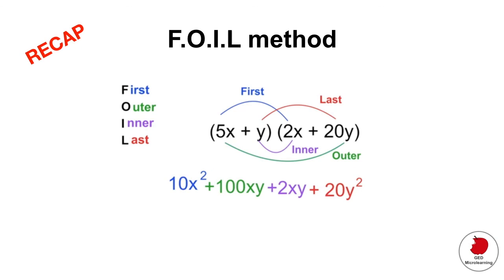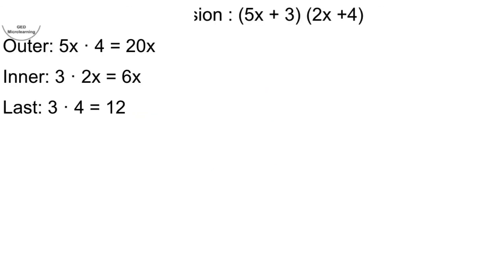Okay, so if we do it step by step, in this case the first terms are 2x and 5x, so that would give you 10x squared. Then the outer terms would be 5x and 4, so 5x times 4 is 20x. Then the inner terms are 3 and 2x, that would give you 6x. And then finally the last terms are 3 and 4, that gives you 12.